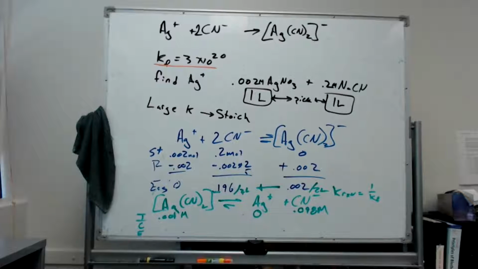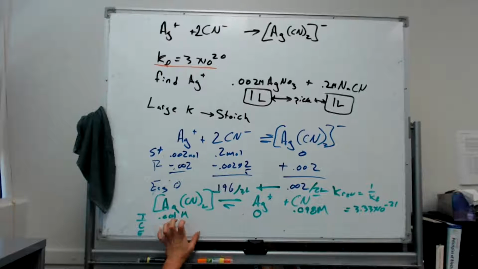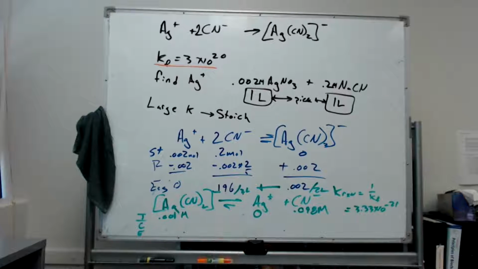This is part of what allows us to use the x is small approximation, because when we calculate this K reaction, we're going to get 3.33 times 10 to the minus 21. We're going to get a very, very small number. That small number says, look, we're really going to stay as our reactant. We're not going to make much products.